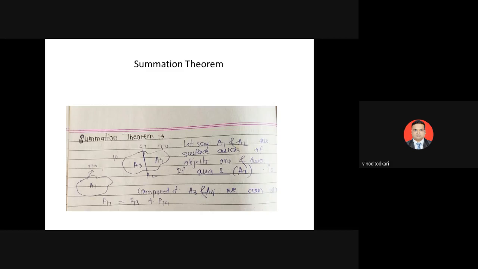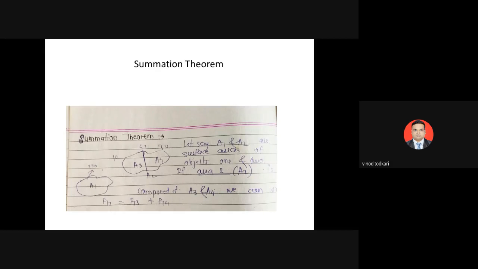Now, this area 2 is made up of 3 and 4. If I draw a line over here and split area A2 into A3 and A4, what will be F13? Fraction of energy emitted by 1, which is intercepted by 3. Let's say out of this 40 watts, 10 watts is intercepted by A3.